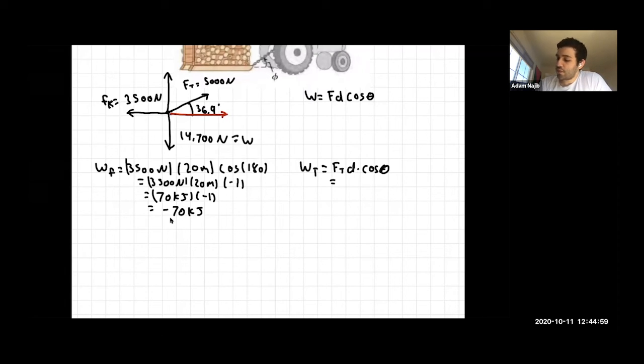And that's equal to this force over here, which was 5,000 Newtons, times distance of 20 meters times cosine of 36.9, because that is the angle this makes over here. This angle is 36.9. So that's the cosine of the angle that it makes with the distance, which is going horizontally to the right. So cosine 36.9.